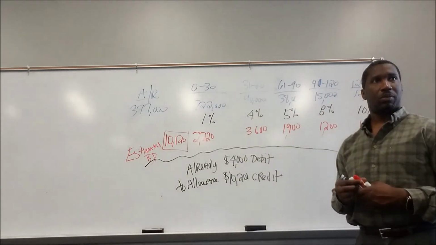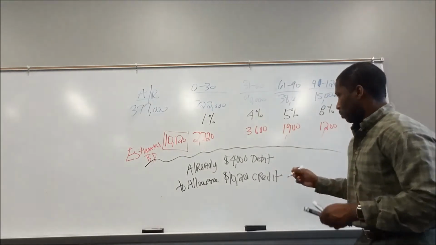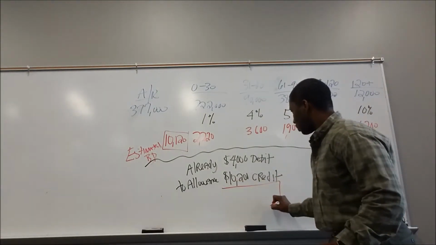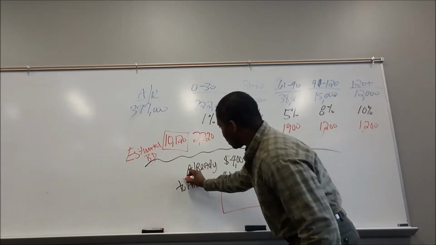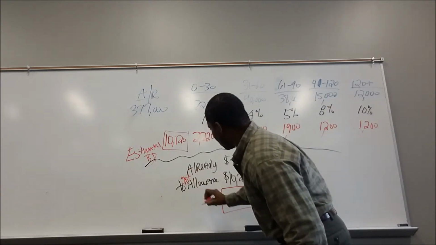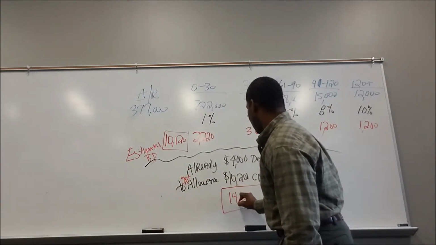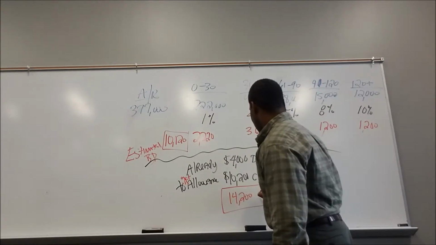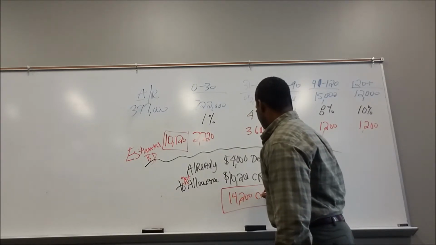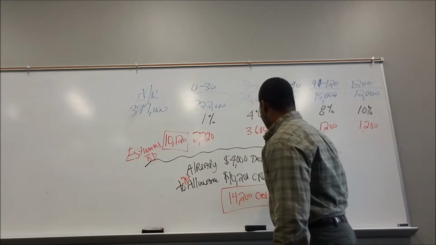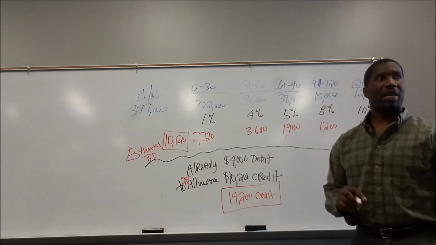Add them together. Okay? To get an allowance, that'd be $14,200 credit to get it there, okay? Now, why did he add those together?